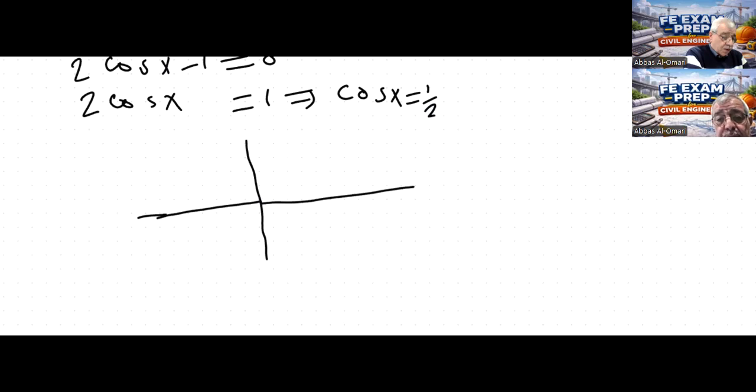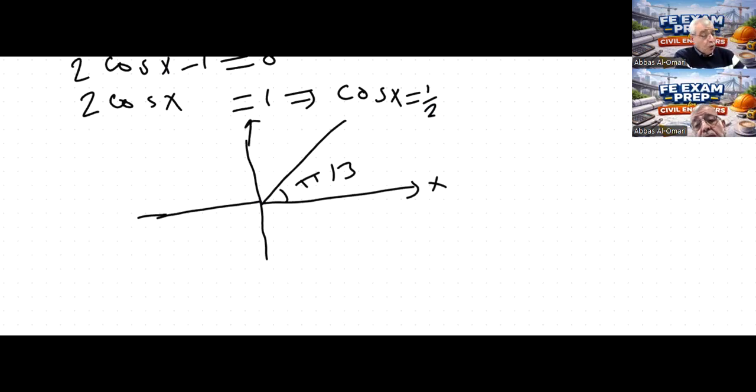This is 60, or pi over 3. This is the x, this is the y. So the cosine of pi over 3 is half.